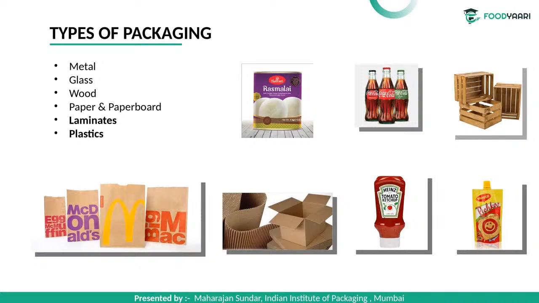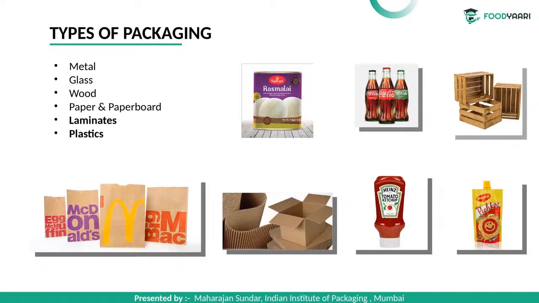Now let us come back to the question I asked: which one of these materials is sustainable? Many of you answered metal, glass, paper and paperboard, wood. Only one in the comment section mentioned plastic.